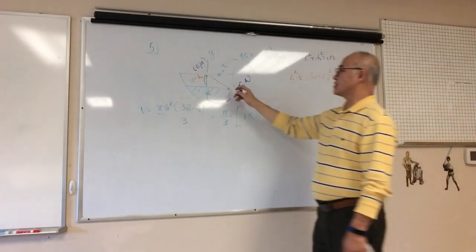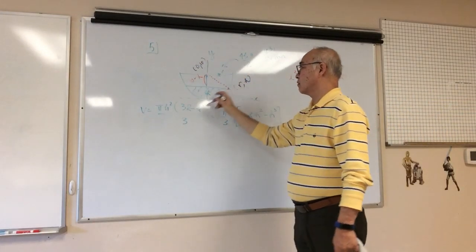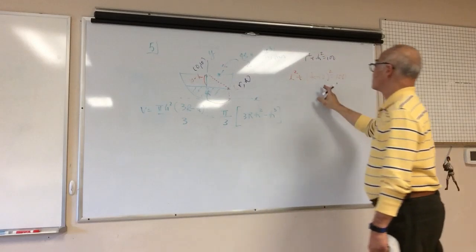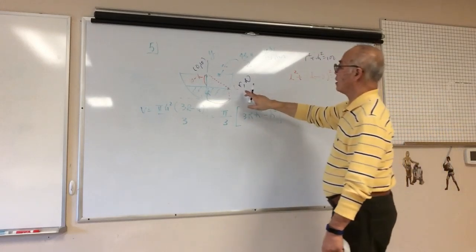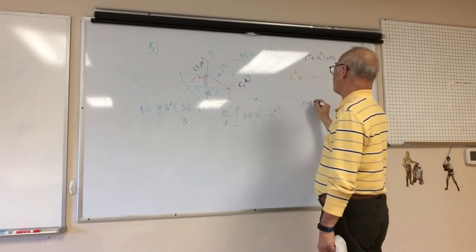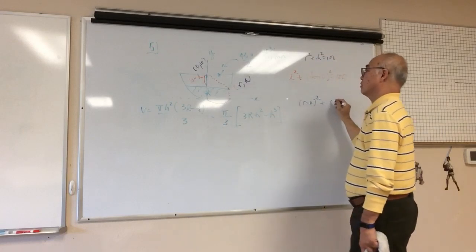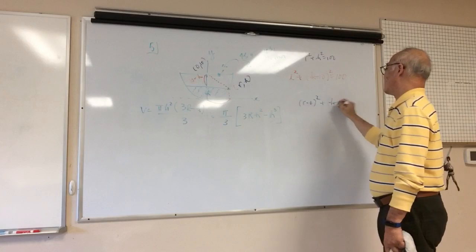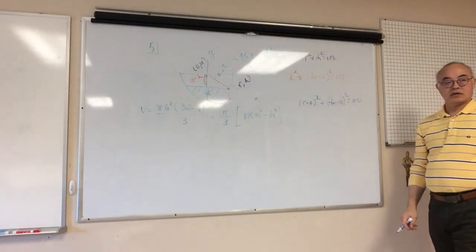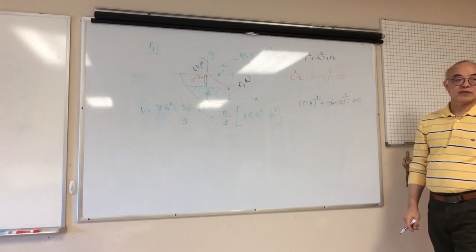That is this line, right? This is the equation for this. So the distance between this and this is going to be R minus 0 squared plus h minus 10 squared, and that's going to be equal to 100. Does that make sense? Because the radius has to be 10.